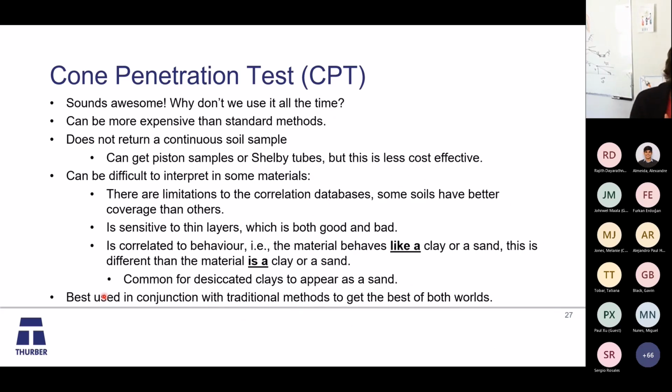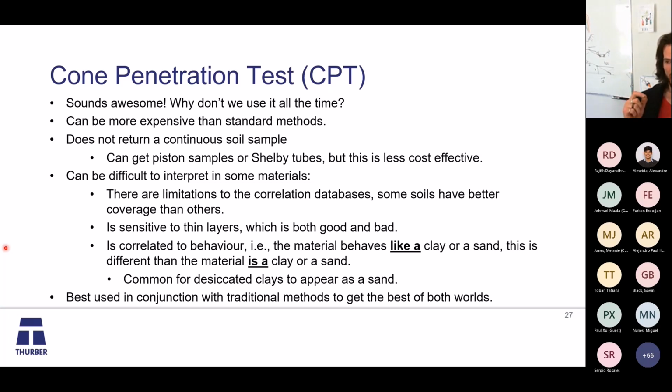So it has its benefits because it's telling you you've got this system, but it also means that the correlations may not work as well. And it's important to remember, one of the key things it gives you is SBT, soil behavior type. And the B is really important. So cone is correlated to behavior.